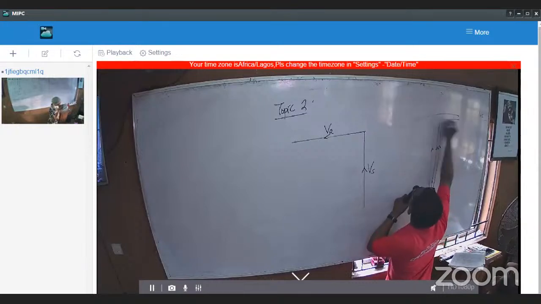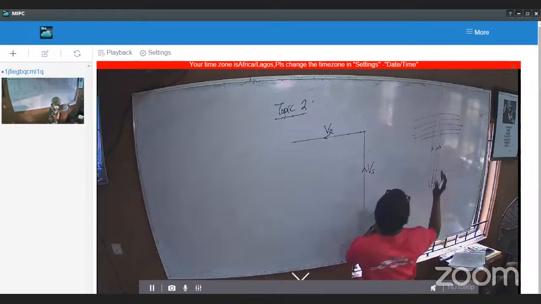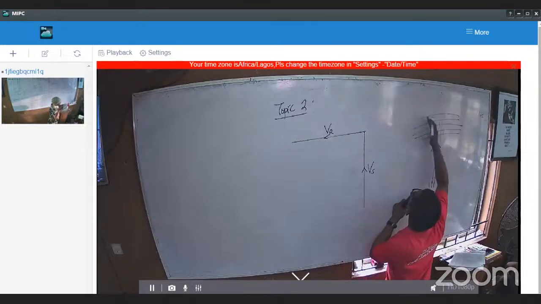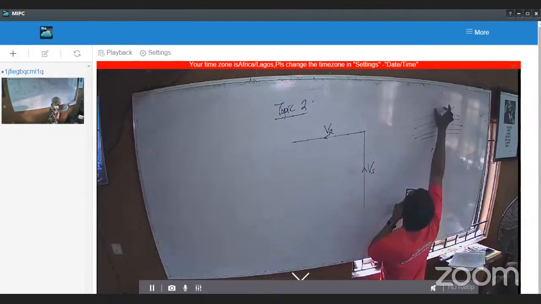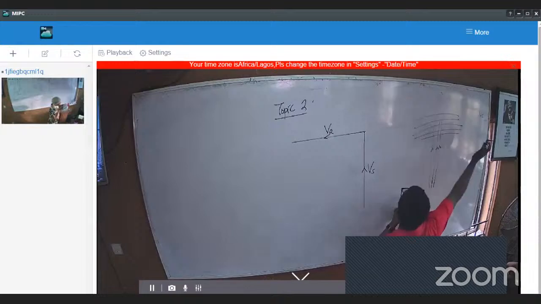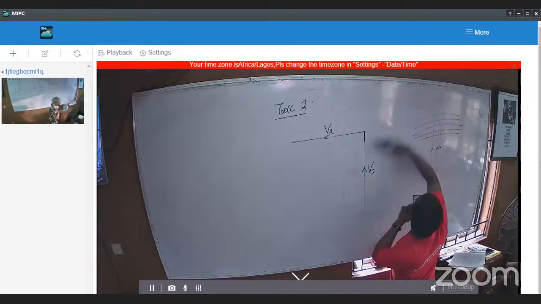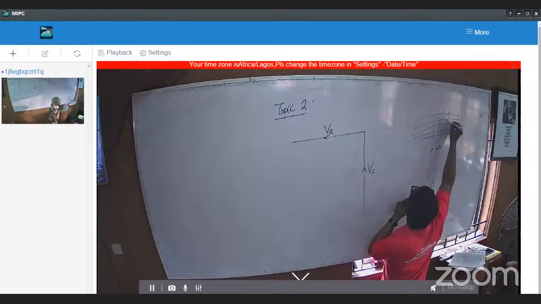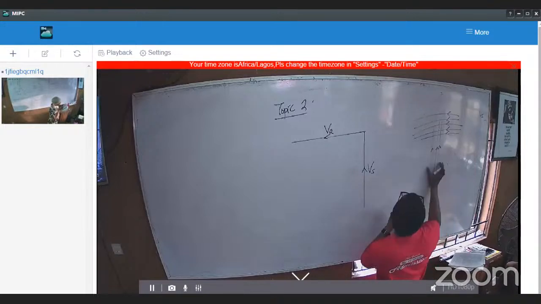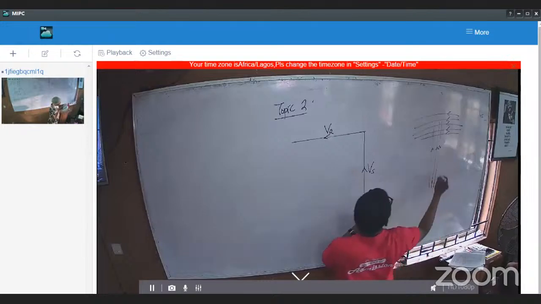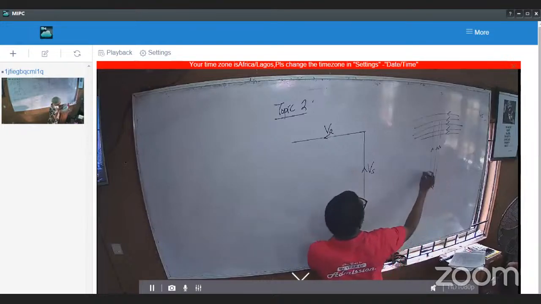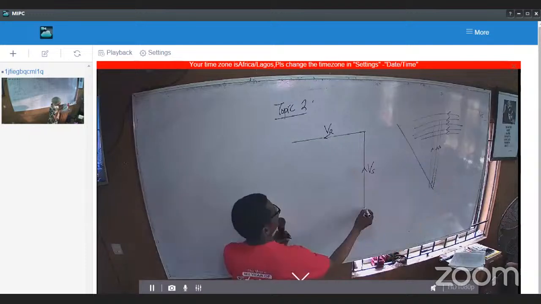If you are going like this, and something is flowing this way, will you be pushed to the right or to the left? To this left, Abby. You will push it like this, because something is going this way. And you are trying to go up, so you push like this. So instead of reaching here, the thing will just go like that. So this is the relative one you are looking for.